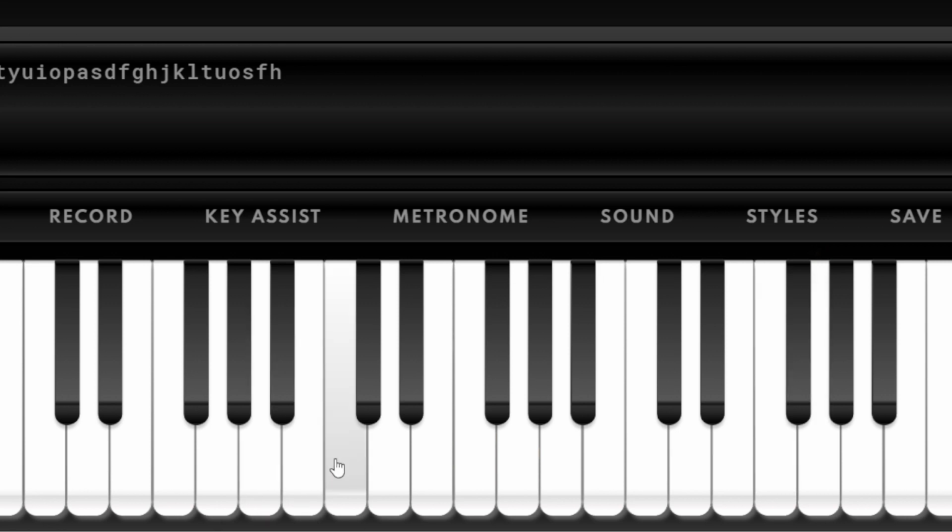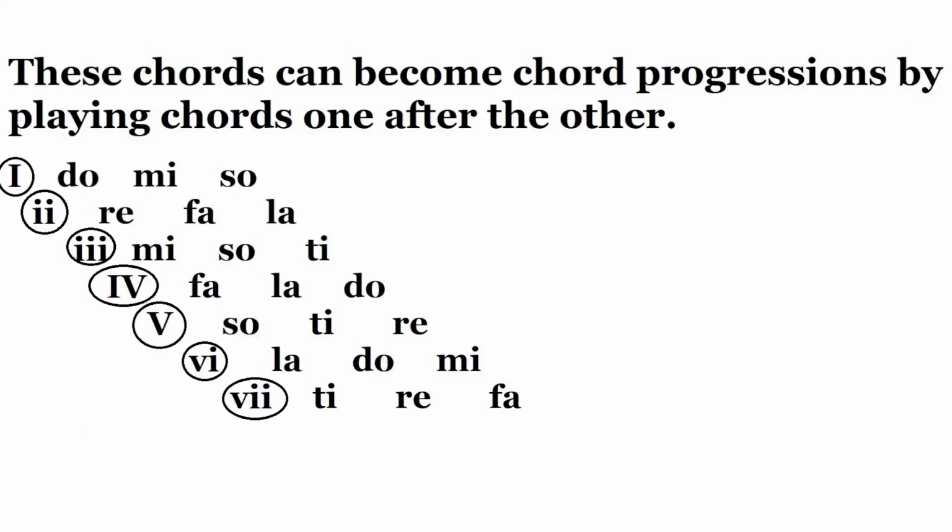And the reason why this is the case is because we're starting on C. So every C is now do. If we were in the scale of D major, every D would be do. And so on and so forth.